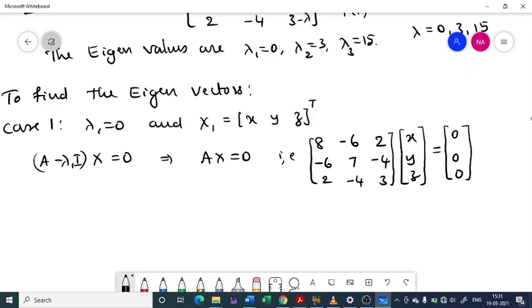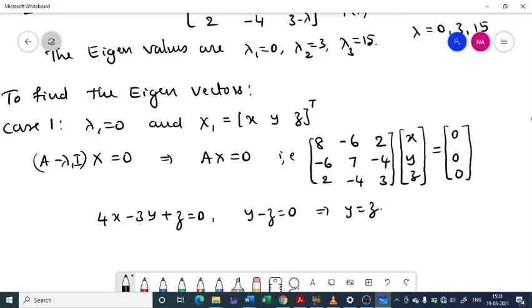Here you need to apply row operations, or you have to write equations from this and then simplify. That process I am not going to do here. Finally we will be arriving at 4x minus 3y plus z equal to 0 and y minus z equal to 0.